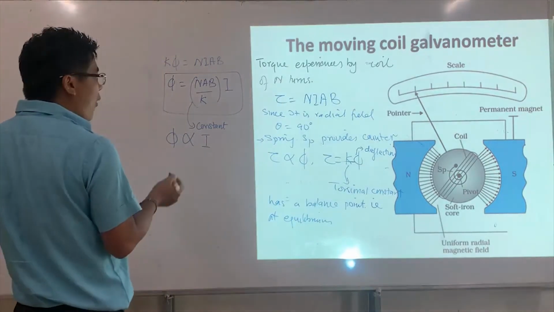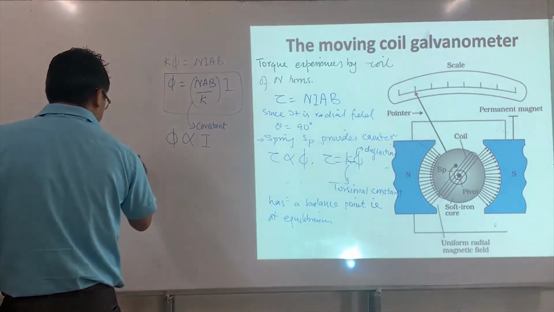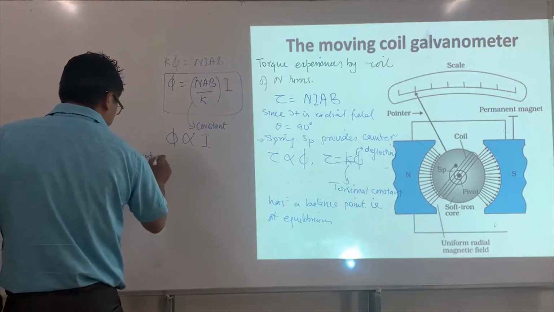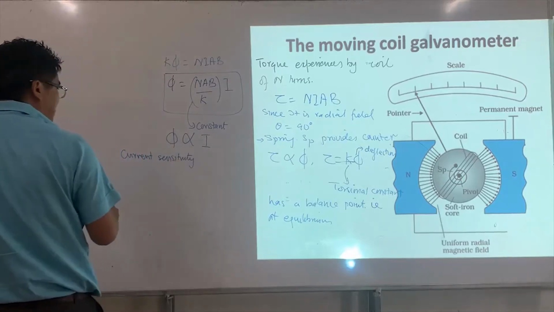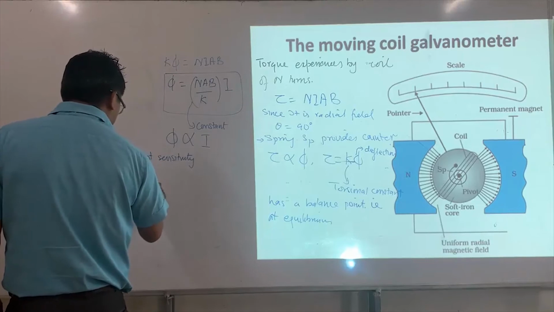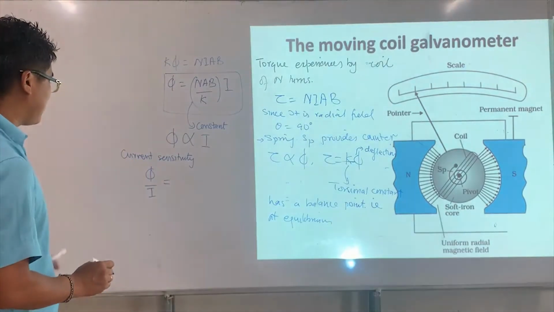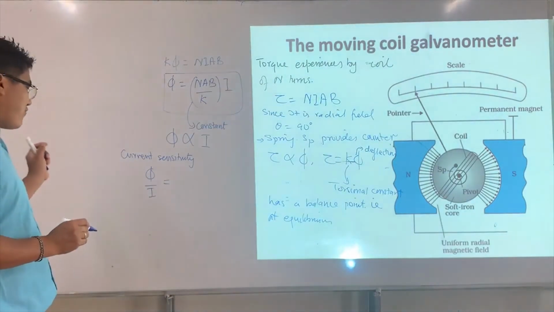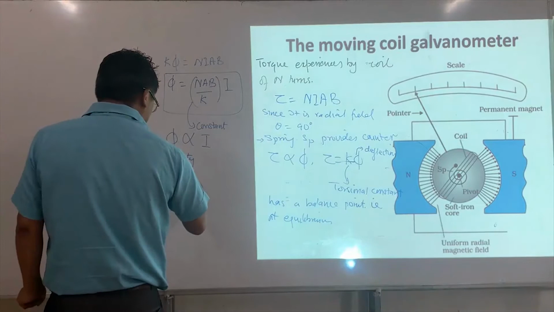Alright. Now I would like to do current sensitivity. Current sensitivity is defined as deflection per unit current; the ratio of deflection and current is what we call current sensitivity.